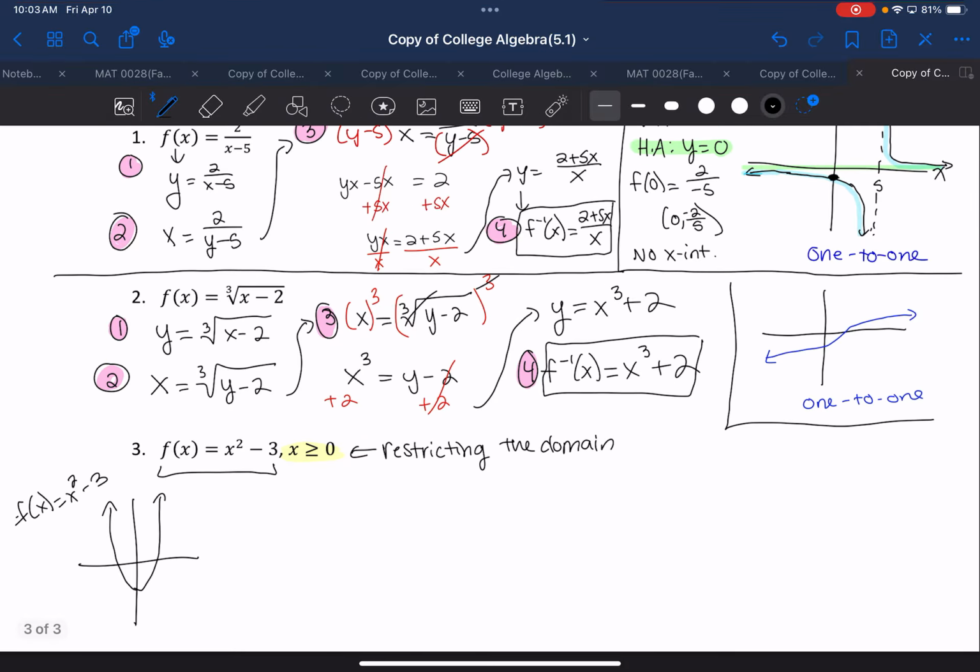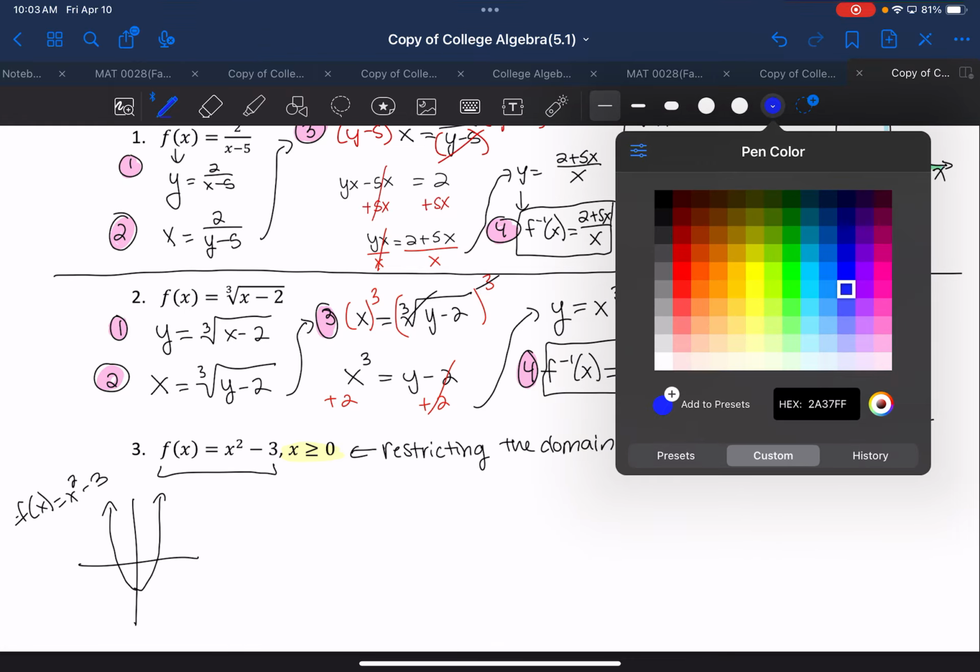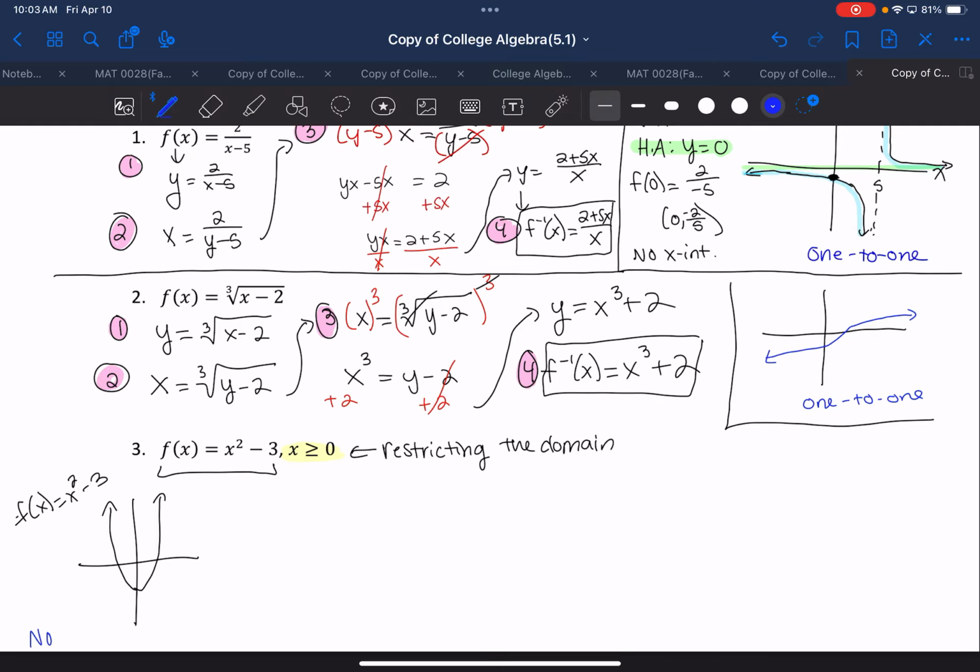And so this function is not 1-to-1. If it was just like the original x squared minus 3 graph, it is not 1-to-1 because it fails the horizontal line test. It would cross that horizontal line more than once.